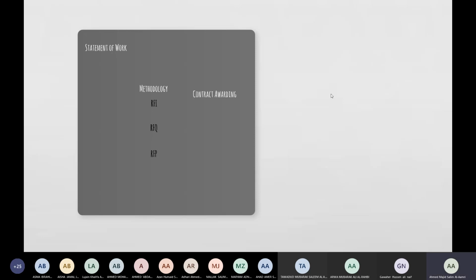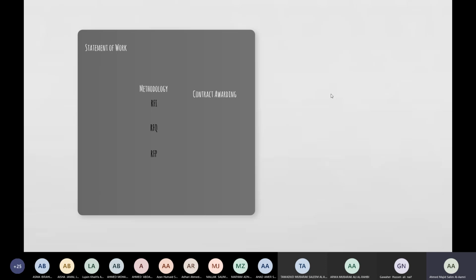Now, after we had our statement of work, after choosing the most optimum payment method and delivery system, and we knew which type of methodology we are going to choose, whether we are going for quotation only or a full solution, normally not RFI, but RFQ or RFP, we decided which one to go for. It comes to the process of contract awarding.